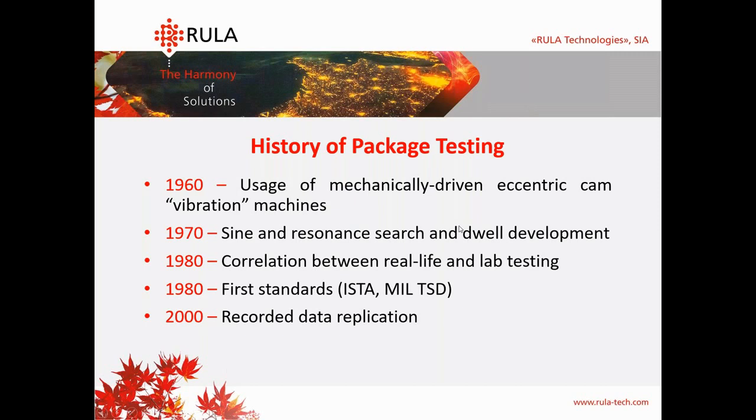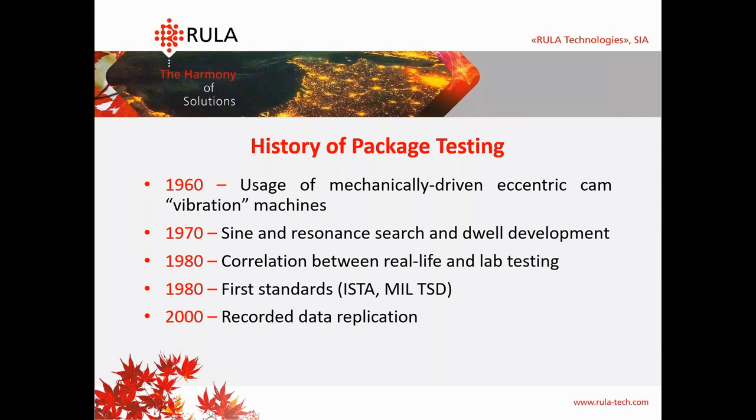The history of package testing began in the 1960s when engineers started to use mechanically driven eccentric cam vibration machines, which can be named like the first drop machines. But the vibration was a repetitive shock rather than the usual vibration which we all know.